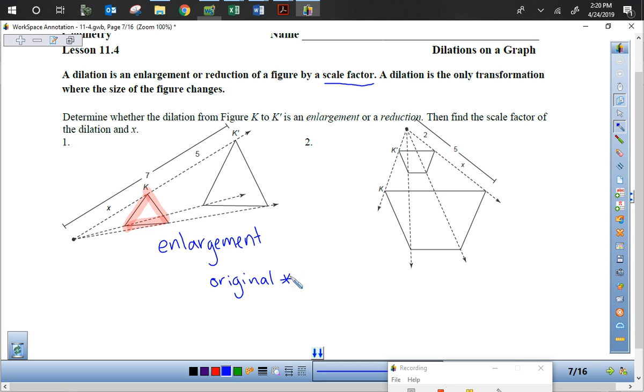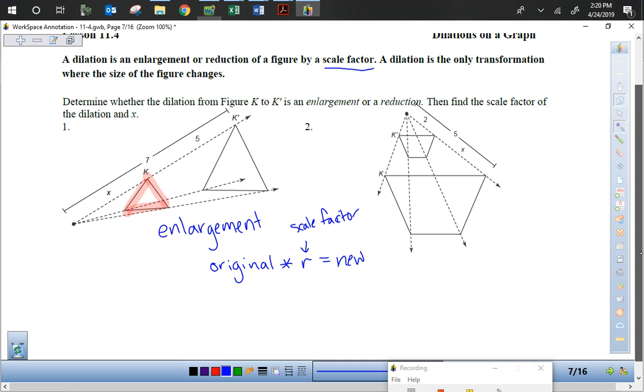They're going to use an r to represent the dilation here. So make yourself a little note. That is your scale factor today. And then that will give us our new, or our image.